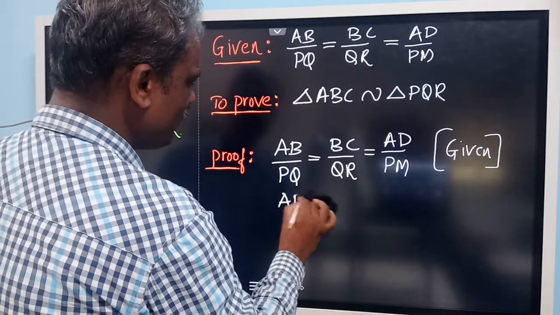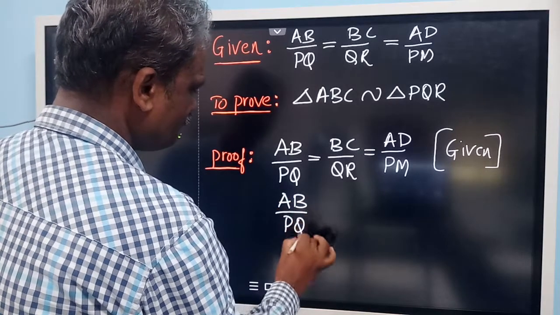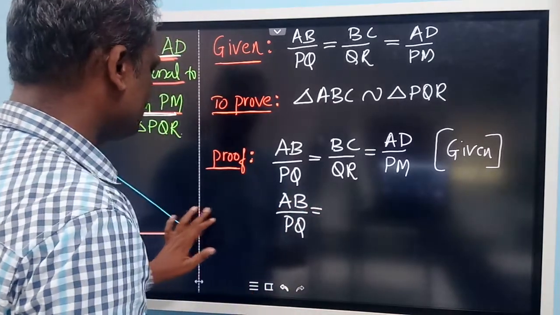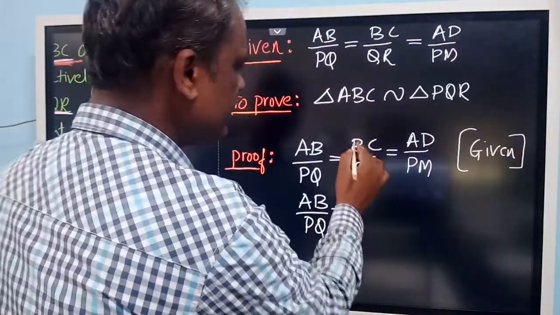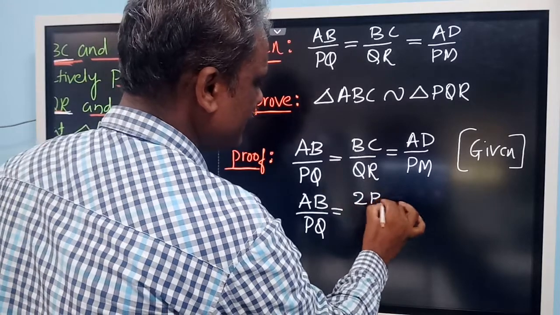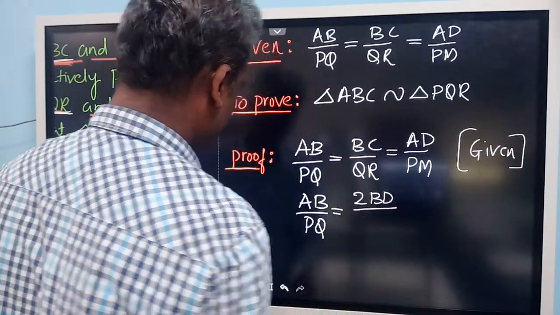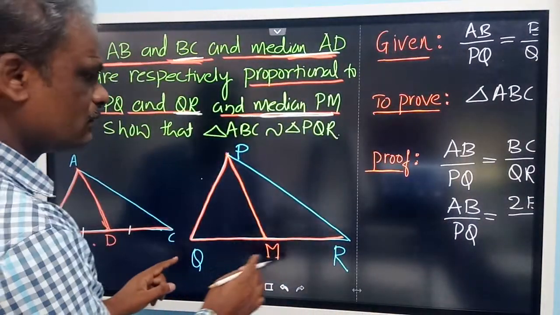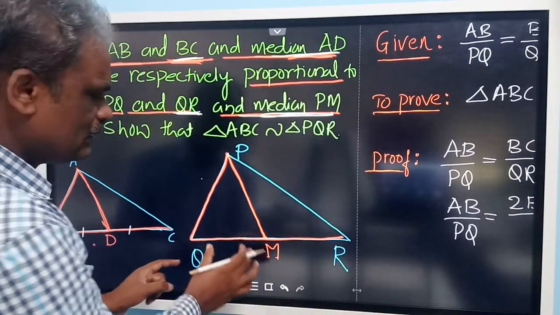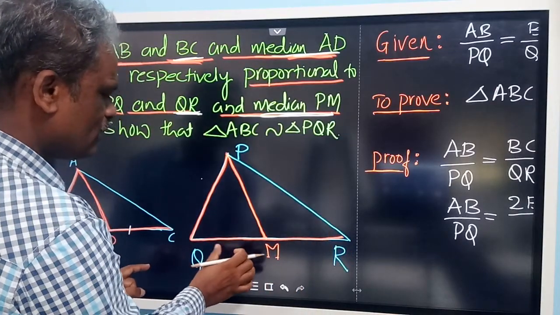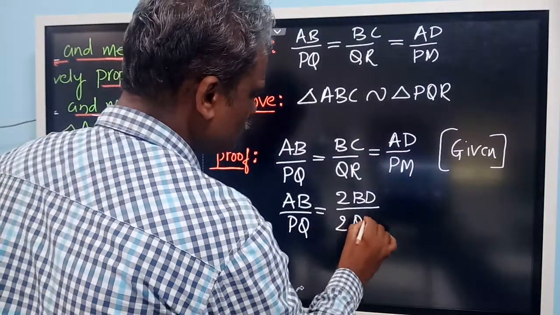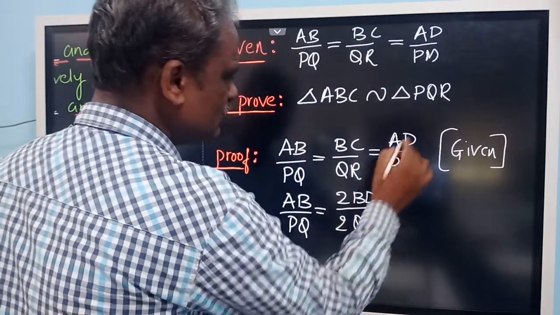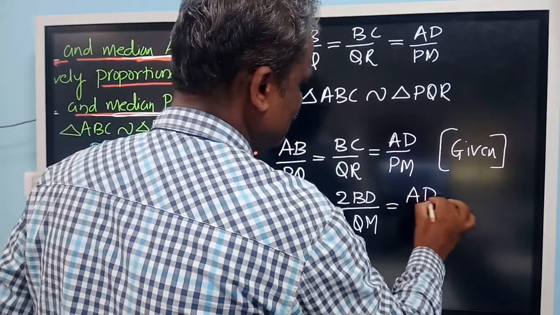So let us write AB by PQ as it is. Instead of writing BC, we can write 2 times BD, divided by, instead of writing QR, I will write 2 times QM, is equal to AD by PM as it is.